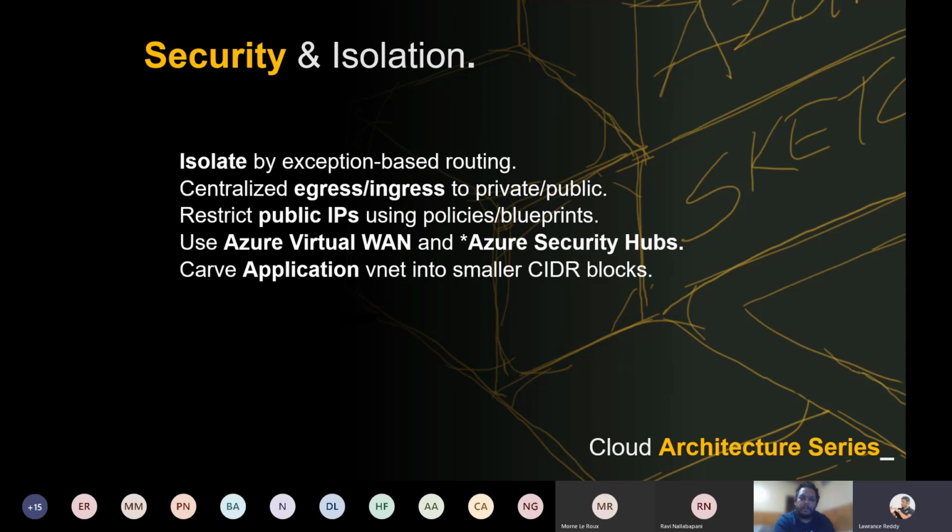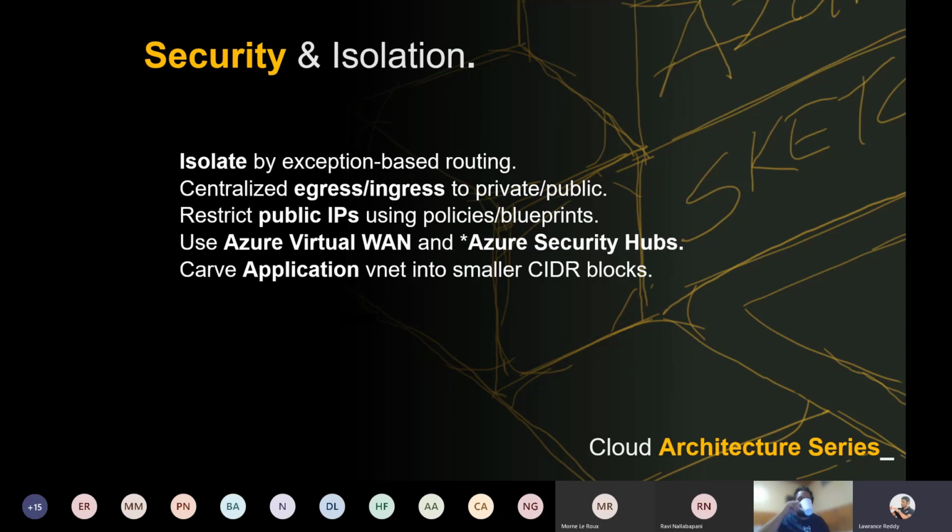You could potentially open yourself up. So philosophy, rule of thumb: restrict public IPs using policies or blueprints. That means categorically, if anyone tries to spin up a workload with a public IP, it will be rejected. It will not allow that resource to be spun up.